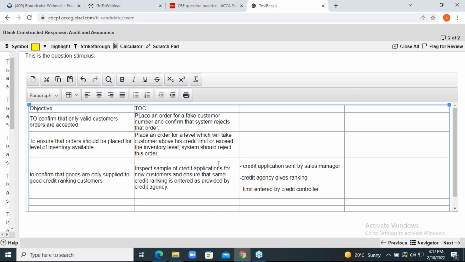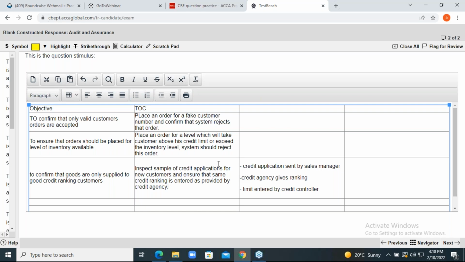So the credit applications were prepared by the sales manager, returned by the credit agency, and entered by the credit controller. What we will do is get the credit applications for the new customers, see the ranking and the limit written by the credit agency, and open the system. In the system, we check who has entered that ranking: the credit controller.